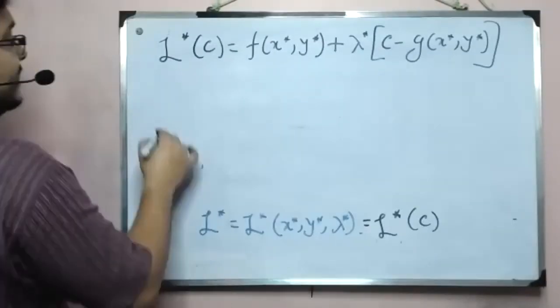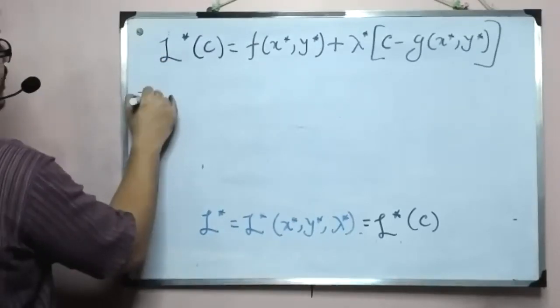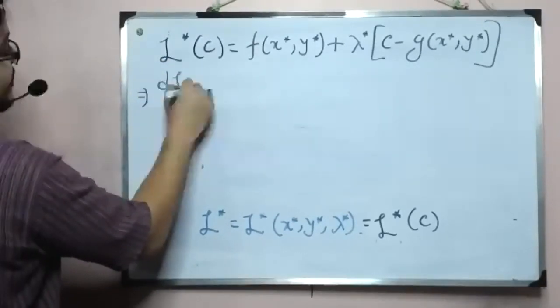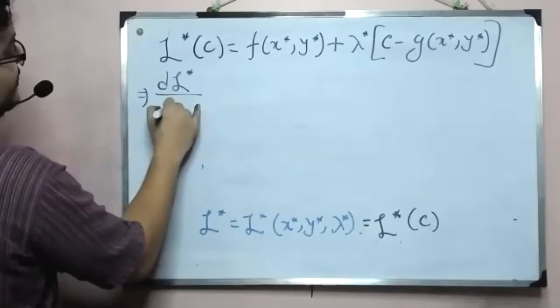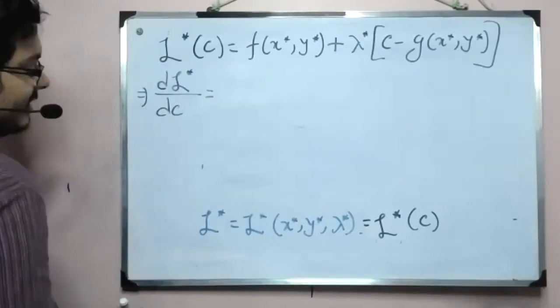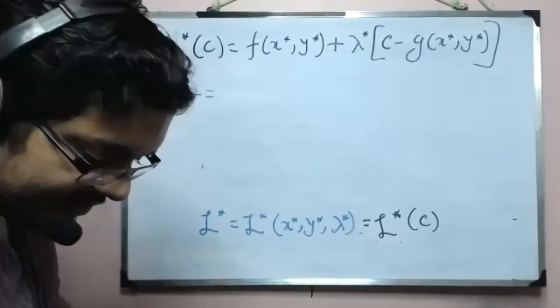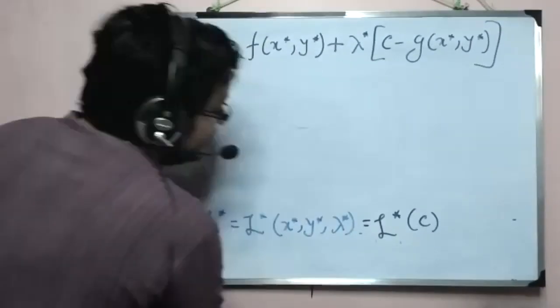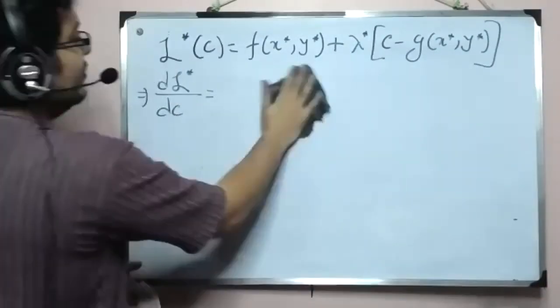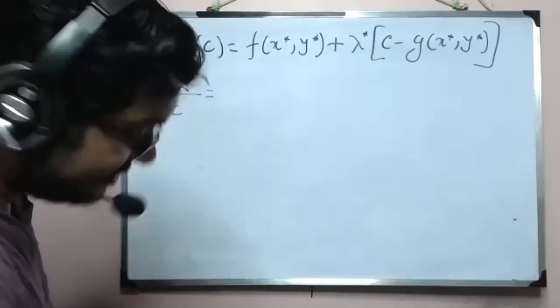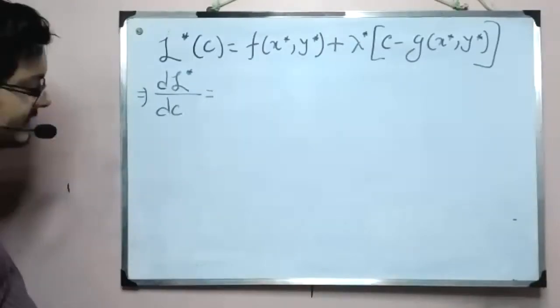Now the work that we are going to do here is pretty simple. We are going to compute d script L star dc, and at the end, we will see that this equates to lambda star. So if I continue doing this, the last line will be equal to lambda star.